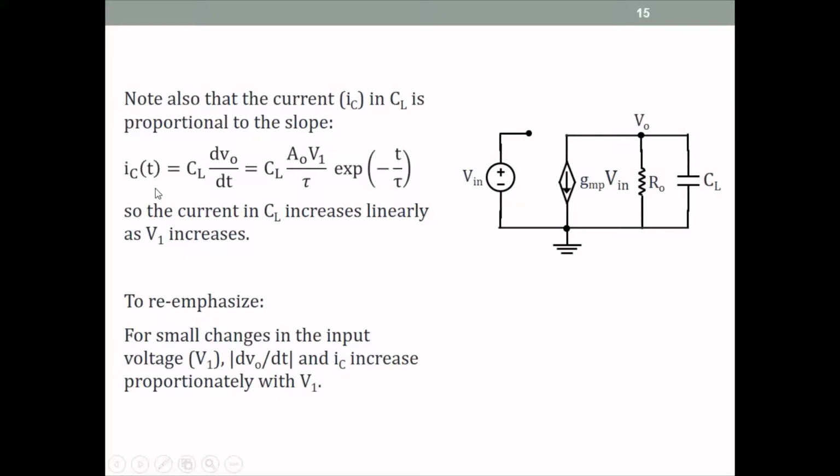This is again a property of linear circuits. To re-emphasize, for small changes in the input voltage V1, dVo/dt and the capacitor current increase proportionately with that small change. If V1 is larger, IC is larger, when circuits behave linearly.